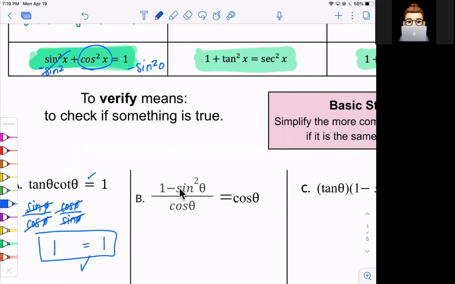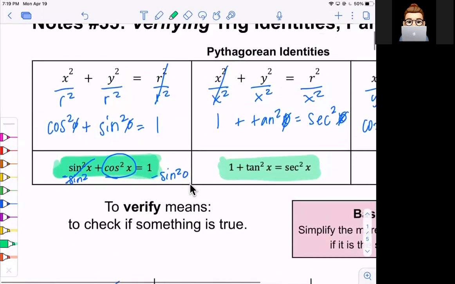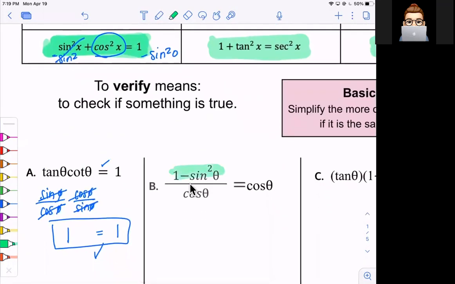That's what I have here. So this right here, the numerator, can change into cosine squared theta over cosine theta. That green part translates into this version here. I need it to be equal to cosine theta.